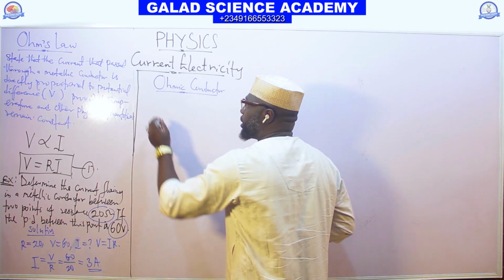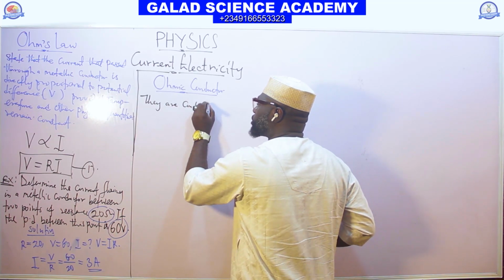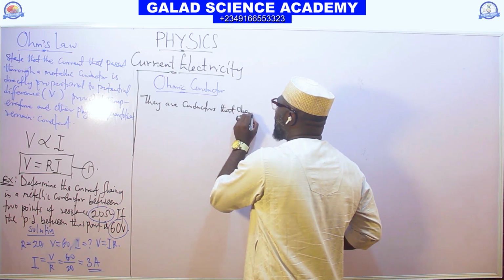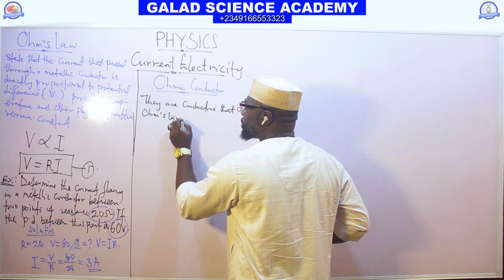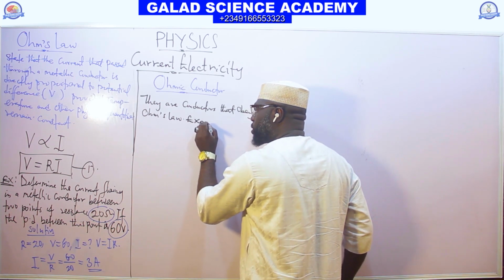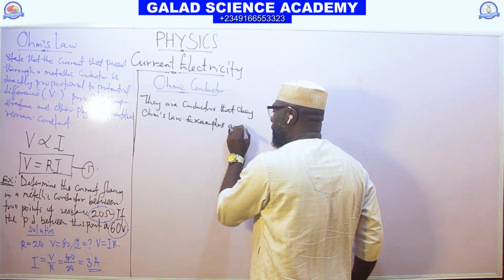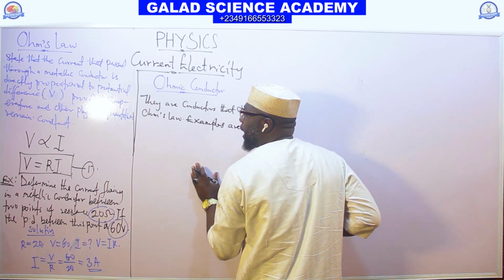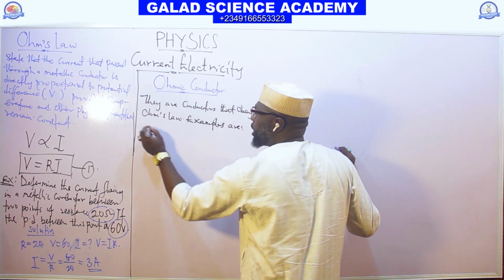Ohmic conductors are conductors that obey Ohm's law. Examples of ohmic conductors are all metals.